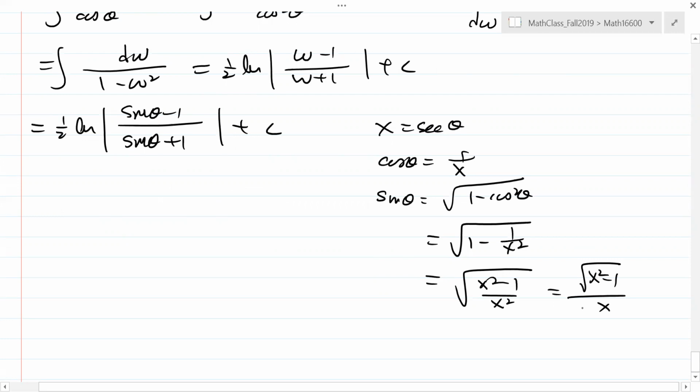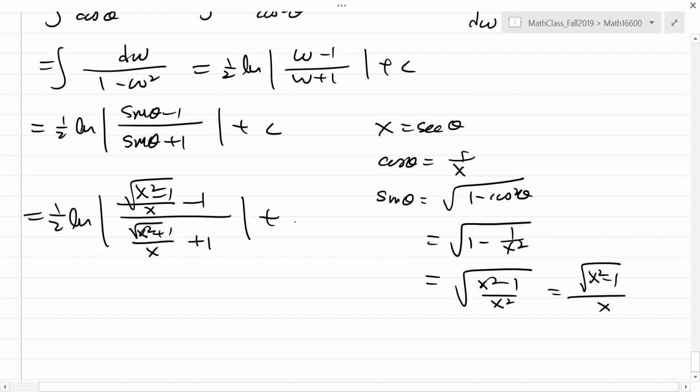So then you just plug back in, and you end up with something similar. Then after you simplify, you will get the natural log of the square root of x squared minus 1 plus x, plus c.